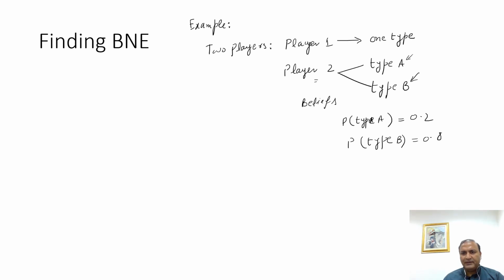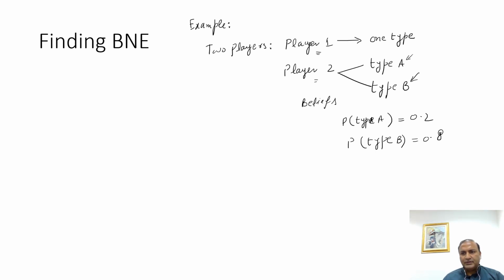So he has some prior beliefs about the types of player 2. Of course, player 2 does not need any beliefs, because he knows his own type. But the incomplete information is for player 1.